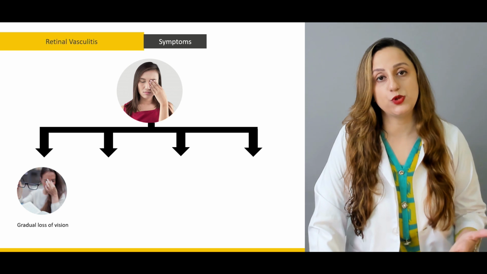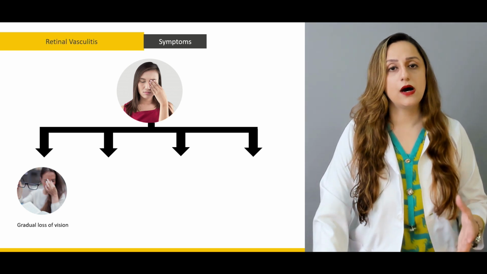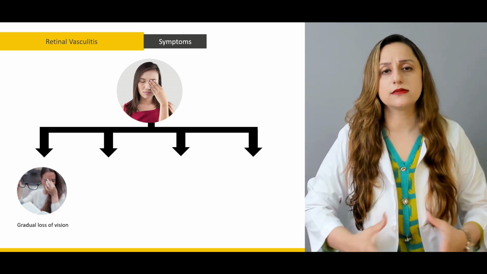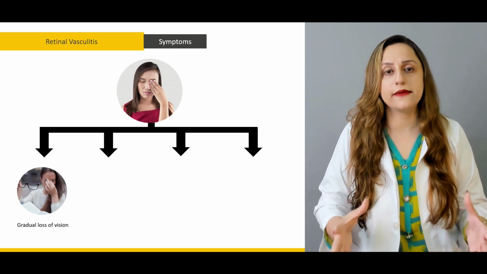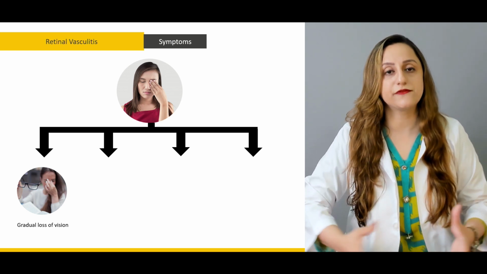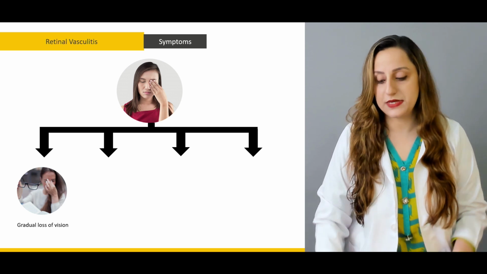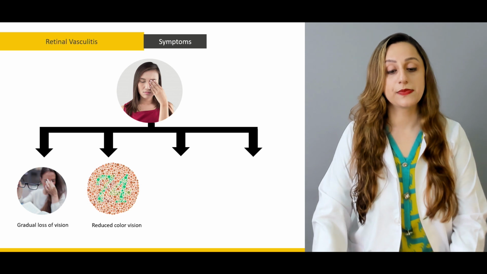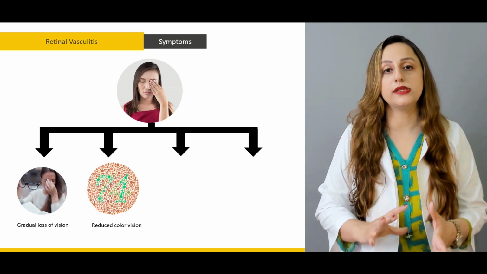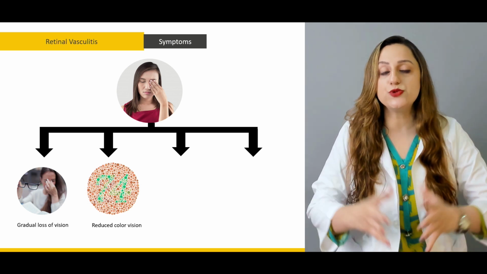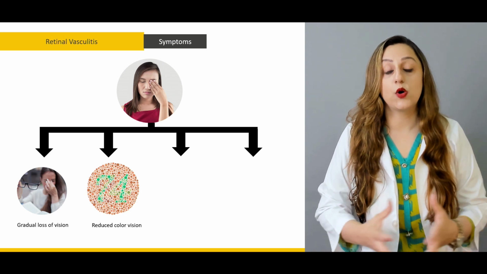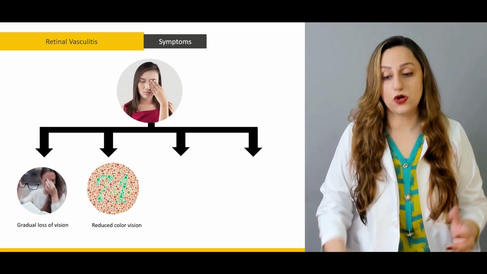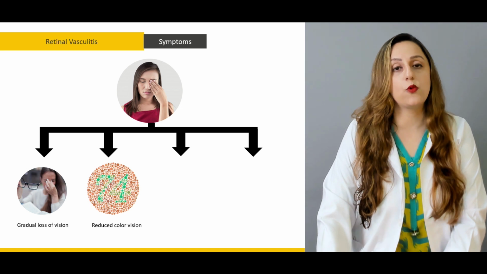When we say subacute, the loss of vision takes place over a time span of 2 to 3 weeks, and if it's more than that, then it is regarded as chronic loss of vision in these patients. Then the red-green color differentiation, the reduced color vision observed in these individuals, is quite phenomenal.